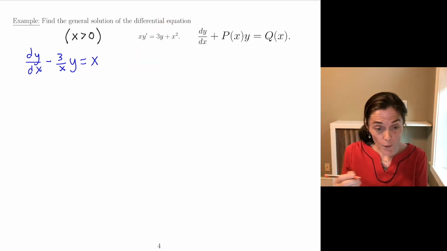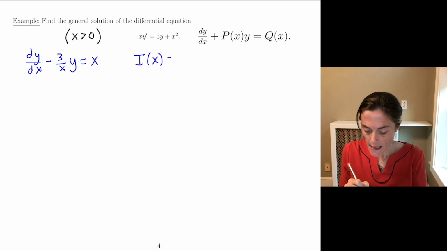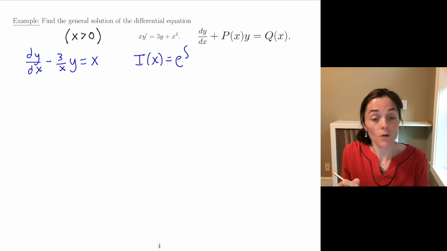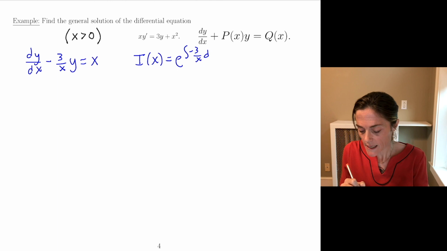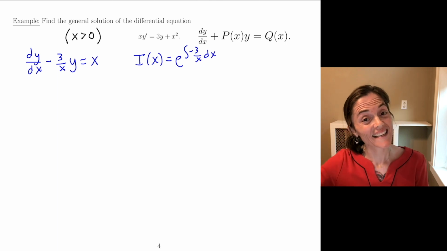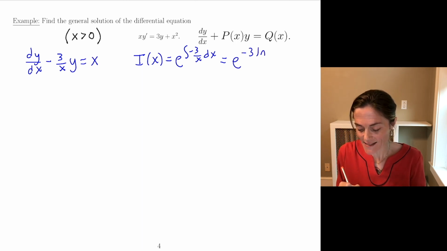Fantastic. Now we're ready to write down our integrating factor. I of x will be e to the integral of minus 3 over x dx. Really, I just need one antiderivative here, and I can use minus 3 ln x.